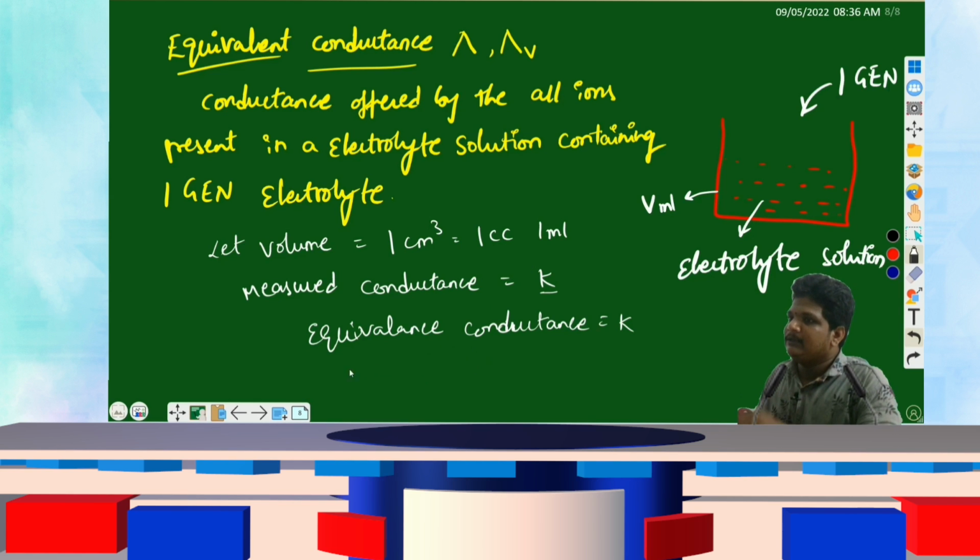So the equivalent conductance is equal to the specific conductance. So lambda is equal to kappa.